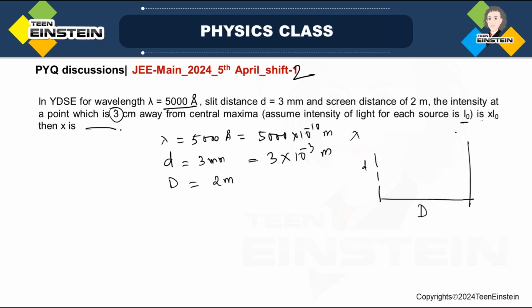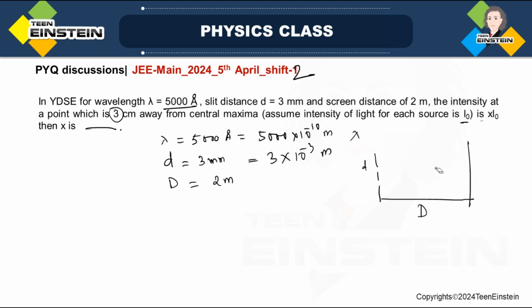All the bright fringes will have the same intensity, and all the dark fringes will have almost zero intensity. If this is the central one, then the other ones also will have the same intensity. This is the beauty of the intensity pattern.